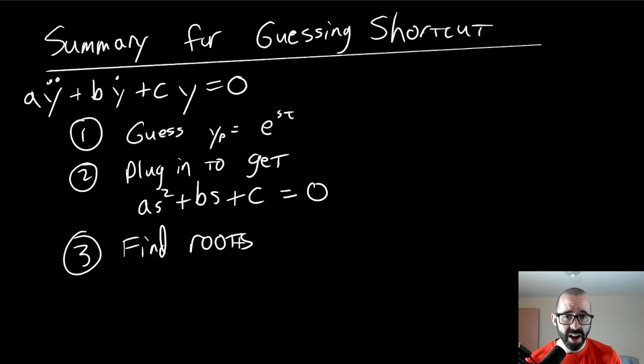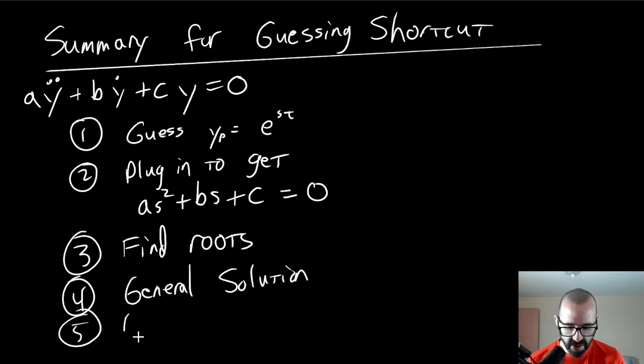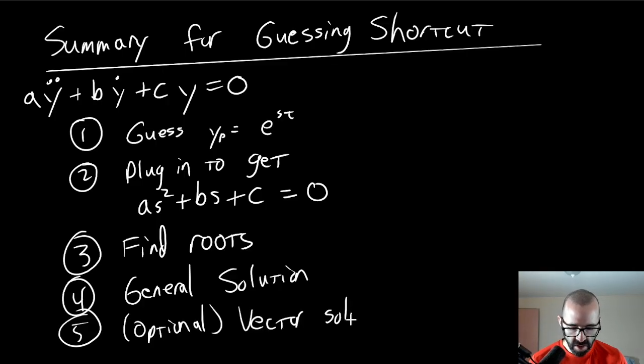The roots will tell us a lot about the behavior of this system. And then we can use those roots to find the general solution. And if we wanted, we could find the vector solution as well. So this last step is optional. And again, this will be the scalar solution.